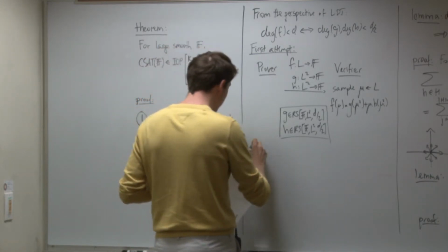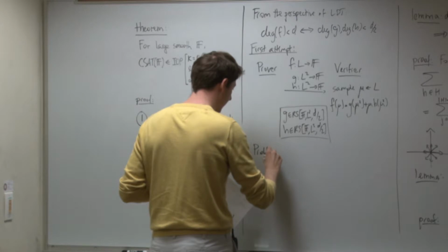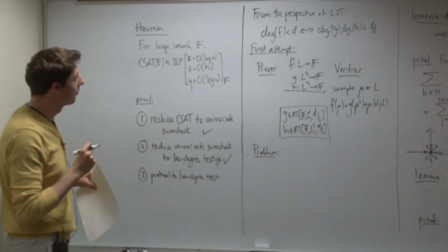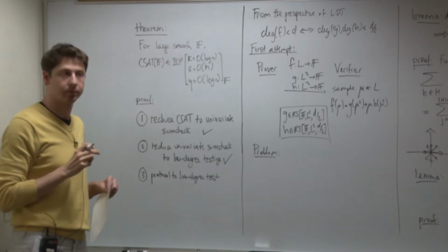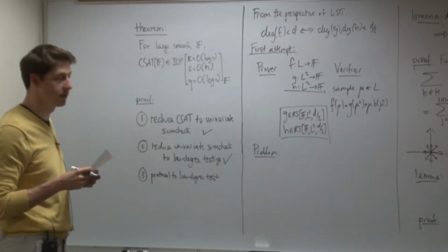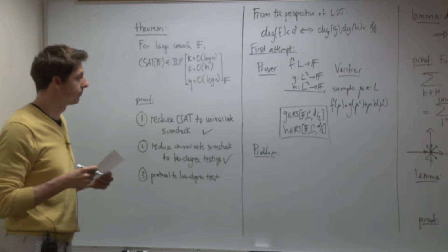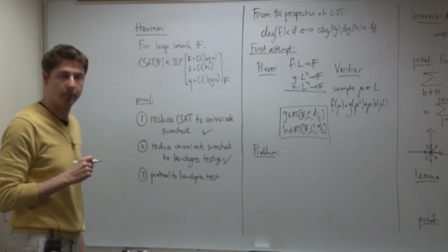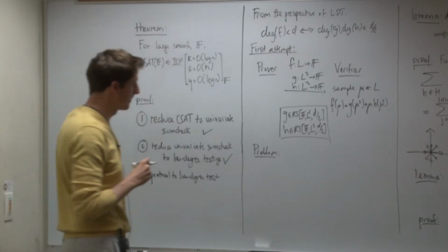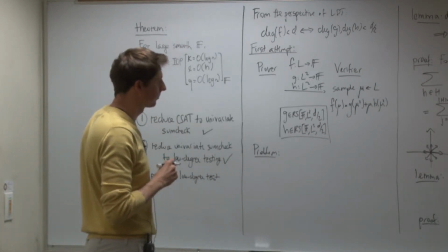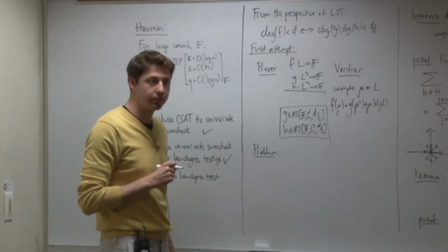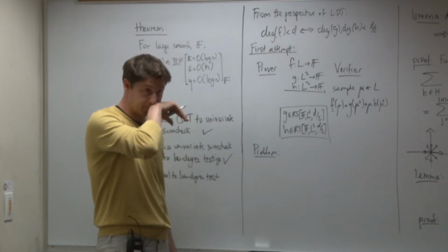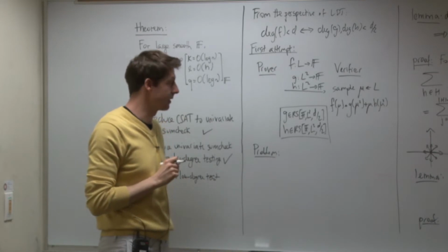So, anyway, what's the problem? Anybody see a problem with this test? Our goal here was to reduce the number of queries. How many queries are we asking in this test?